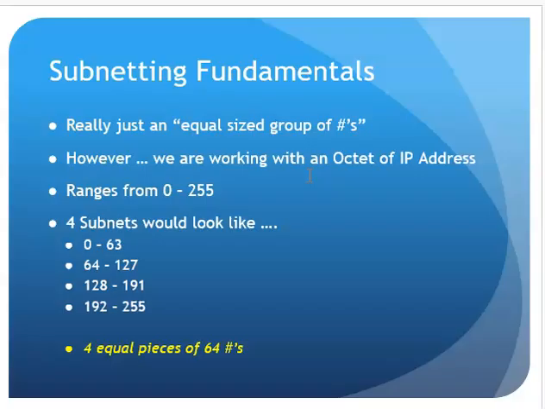If I need 4 equal subnets, I make them 4 equal pieces here. 0 to 63, 64 to 127, 128 to 191, 192 to 255 is 4 equal pieces of 0 to 255. I just took my pizza and cut it into 4 pieces. I just took my big network and cut it into 4 small pieces. That is all subnetting is. It's just a little messy because we're dealing with 0 to 255. That's where the messy part comes in.